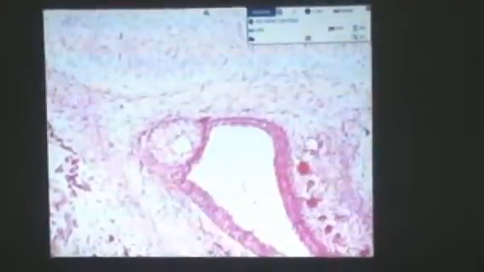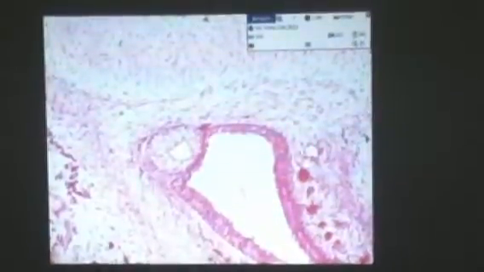What is the name of that gland associated with the olfactory epithelium? Okay, the Bowman's gland. So those are the structures which you should be familiar with in this slide: the olfactory epithelium and the gland associated with the epithelium.